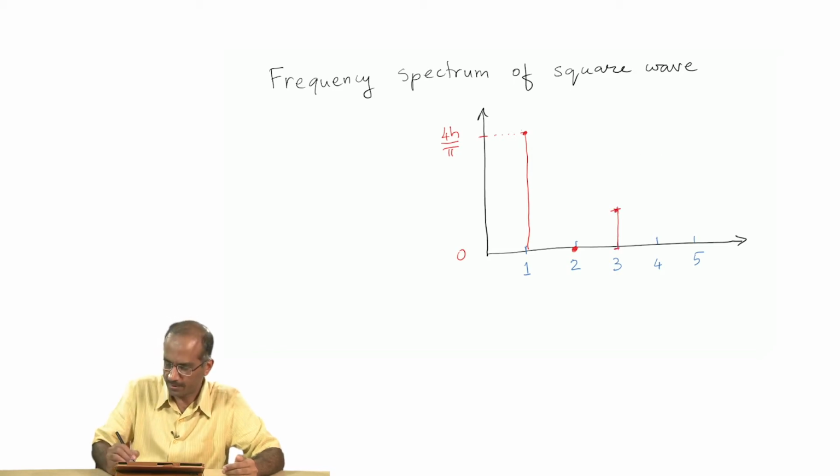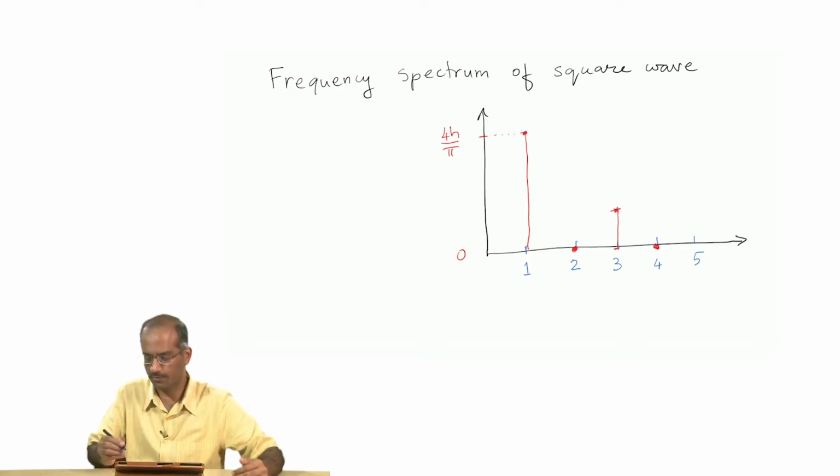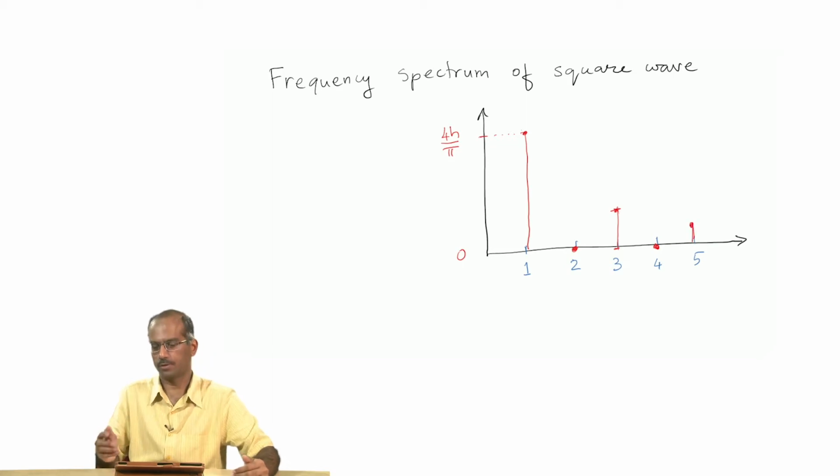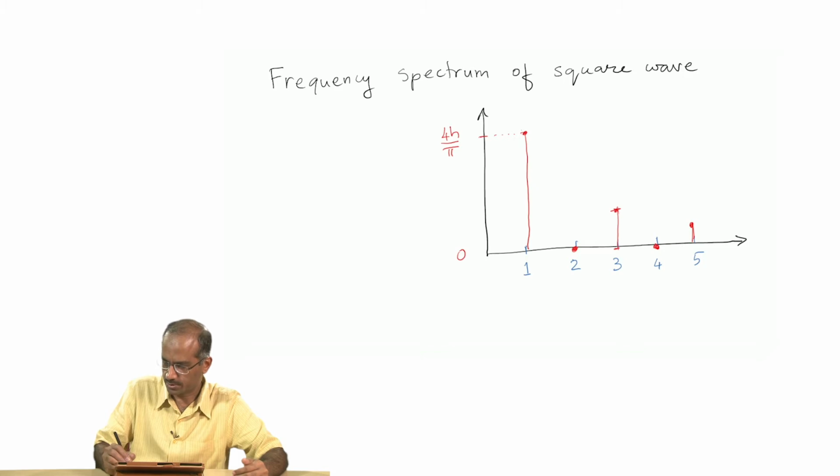And again for m equal to 4 it is 0, and for m equal to 5 it will be 1/5 of the height at m equal to 1. So, it is even smaller and so on, and of course, at 6 it is going to be 0 again.